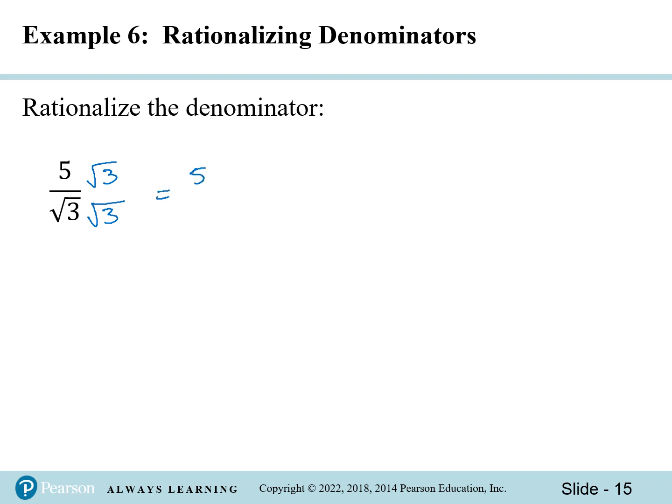What that ends up doing, off to the side, let's do this. Square root of 3 times the square root of 3 is the square root of 3 squared. The square and the square root cancel each other out, and we are left with 3.